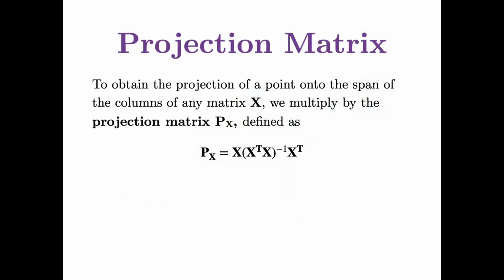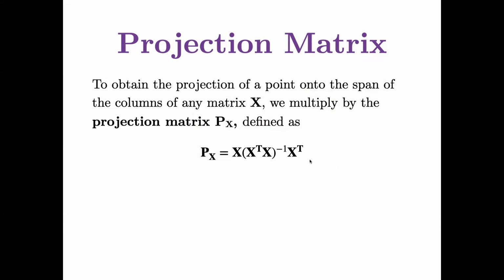So the last thing I want to talk about today is the projection matrix. And it turns out there is a formula for a matrix called the projection matrix that will give you the projection of any point onto the span of a set of columns. So if you have any matrix X and you want to project a point onto the span of those columns, you would multiply by the projection matrix, usually written as P sub X and defined as X times (X transpose X) inverse times X transpose.